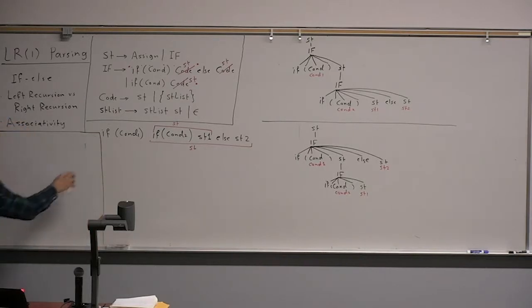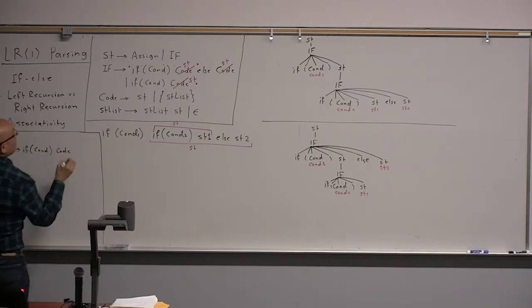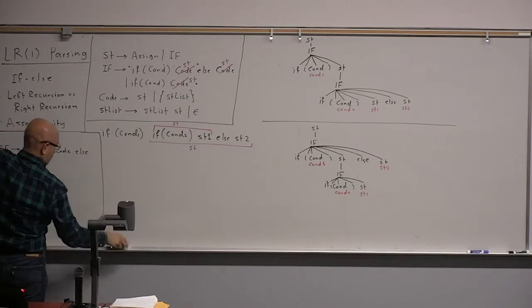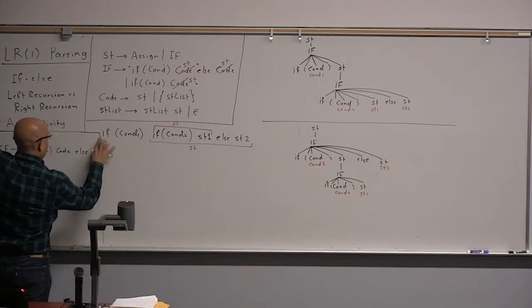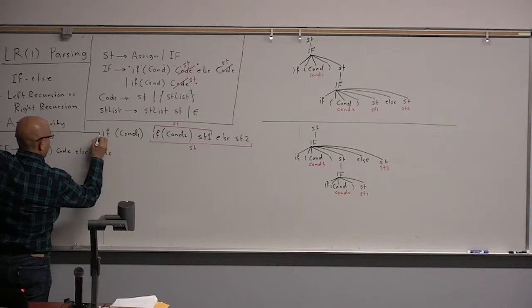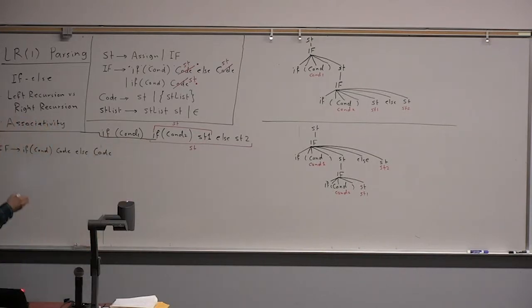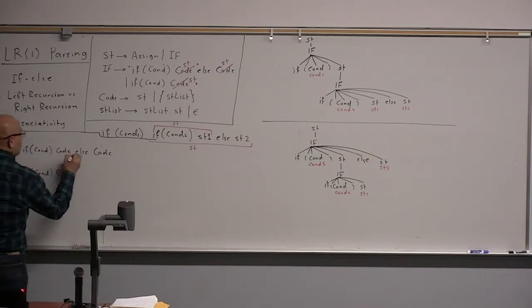in some state, you will get if condition code else code, and you will get if condition code without else, and at some point the placeholder will get to this point.